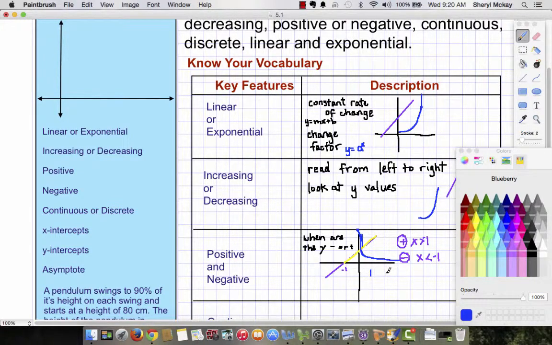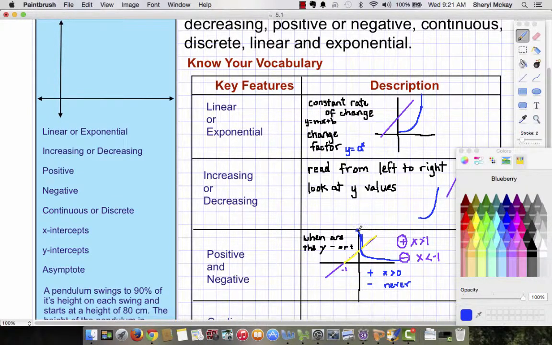So it's positive when x is greater than 0, okay? And it's negative never. All right, so it's never negative. The y value is never negative, okay? But it will be positive as long as x is greater than 0.